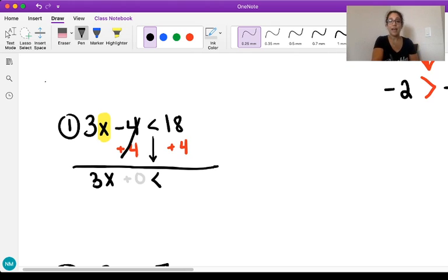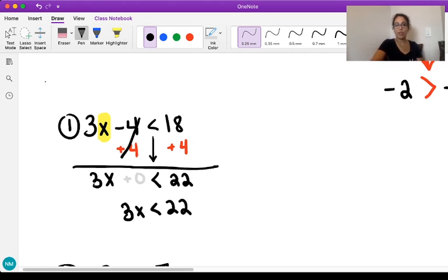Okay? 3x is less than what? It's less than 18 plus 4, which is 22. So now I have 3x is less than 22. So what do I do? I divide. I want to get x by itself, so I'm going to divide by 3.